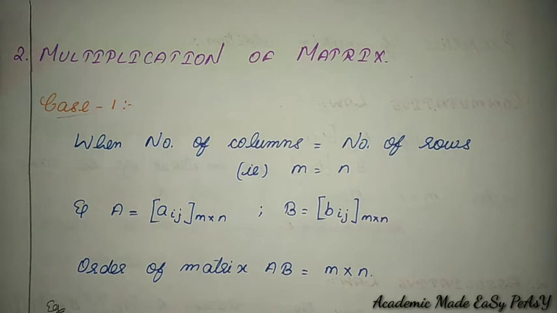So now I have taken in case 1 the square matrix alone, and in case 2 when number of columns is not equal to number of rows. So now let's see case 1 first. In case 1 we will be learning only the multiplication of square matrices. Okay, so now let me teach you how to perform multiplication in matrix.